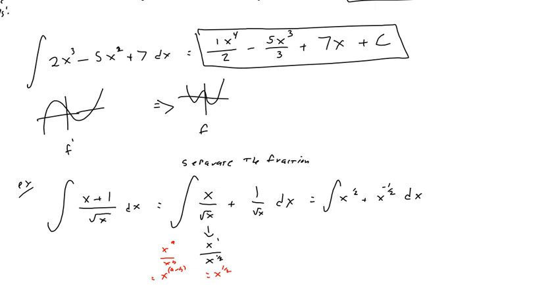This is going to be, let's see, x to the 1/2 plus 1, which is 3/2, and plus 1 here, negative half plus 1 is positive half. So this is going to be x to the 3/2 over 3/2 plus x to the 1/2 over 1/2 plus c.